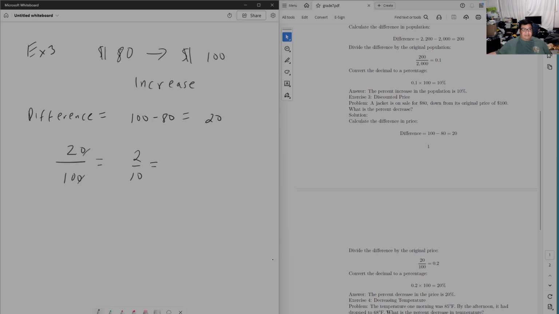And if you divide that on the calculator, or you already know, 2 over 10 is going to be equal to 0.2. Now to calculate the percentage change, we're going to multiply 0.2 times 100, and we'll move it 2 times, so 1, 2, so that's going to be equal to 20%.